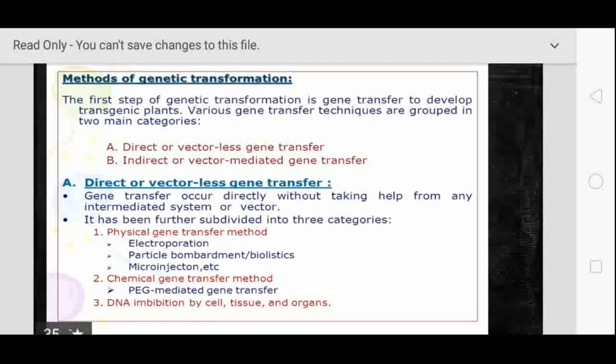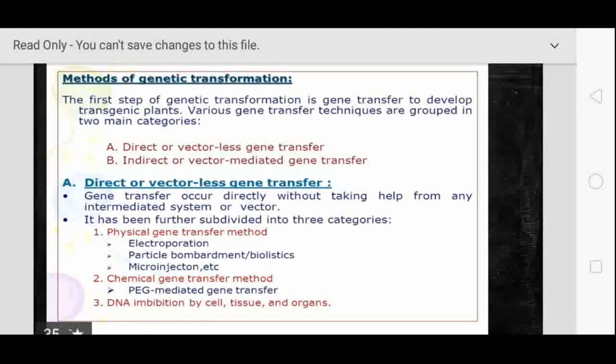Such a type of gene transfer is called direct gene transfer. Here we didn't use any kind of organism; directly we are inserting the gene of interest into the host cell. Such a transfer is called direct gene transfer or vectorless gene transfer.